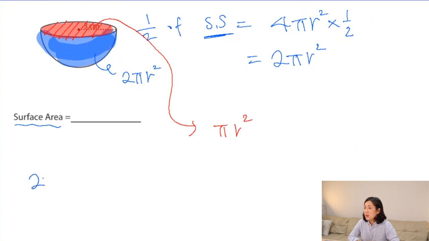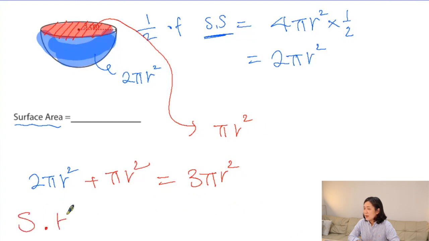We end up with 2 pi r squared, and adding the red part, pi r squared, the formula for the surface area of a hemisphere will be 3 pi r squared. So that's how we get the 3 pi r squared. That's why again we have a new formula here. The surface area of a hemisphere will be 3 pi r squared. Again, I already said, once you understand it, then please memorize it.